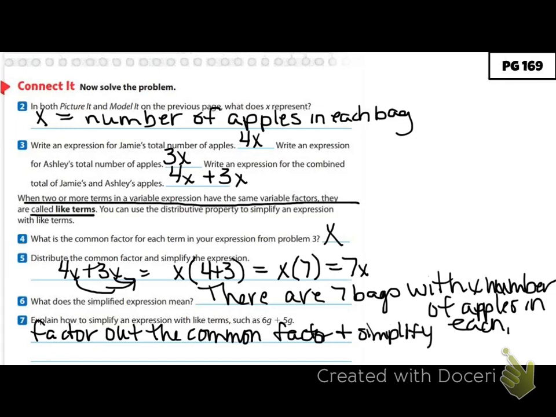So if we have 6G plus 5G, our common factor is G, so I pull that out. I'm left with 6 plus 5, so now I can simplify. 6 plus 5 is 11, so I have G times 11, which is 11G.